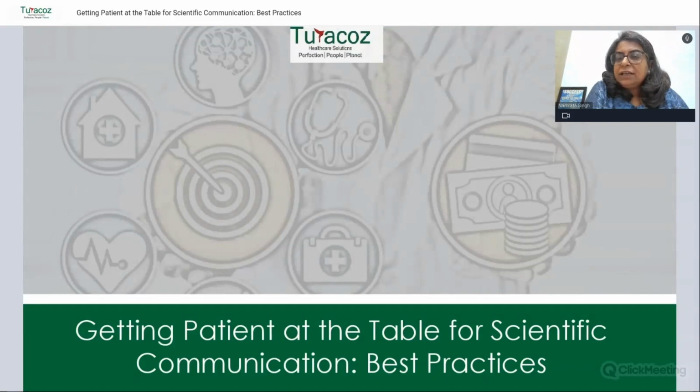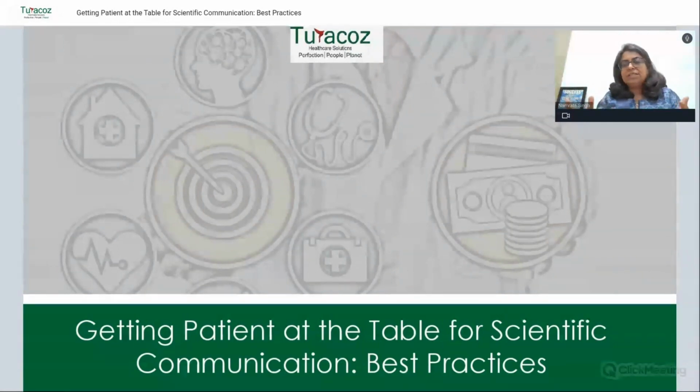The patient could be a patient, a caregiver or anybody, in that sense. So it can be patient advocacy also. All that is becoming very important now because of all the solutions which we have. We have to somehow match it with what the patients need.